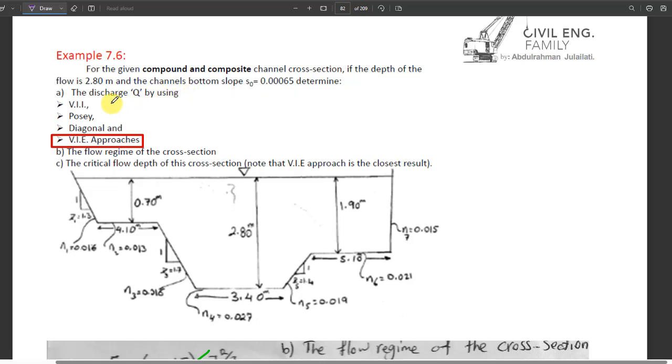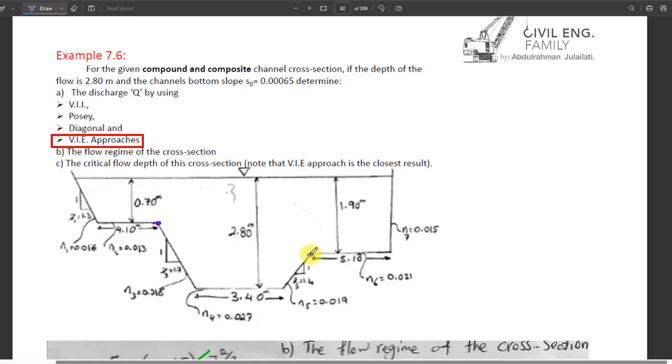Determine the discharge by using the vertical interface excluded approach, then also the flow regime of the cross section, then also the critical flow depth of this cross section. Note that the VIE approach gives the closest result, which is the best result. Okay, how can I divide this one? We have also here multiple n. I will show you how to deal with it. Therefore, for dividing it, we said here we have the breaking points.